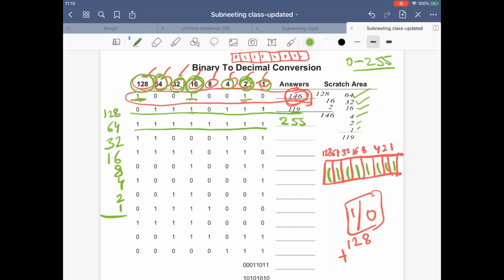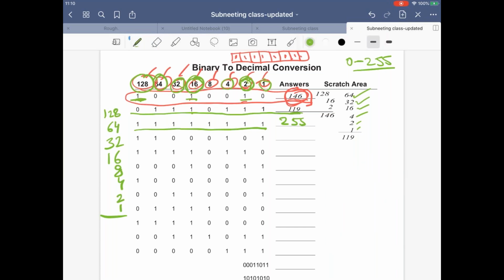If I say the IP address is 192.168.1.1, and you convert 192 into binary, this first octet, the simple steps are the same. On top of that, write 128, 64, 32, 16, 8, 4, 2, 1.